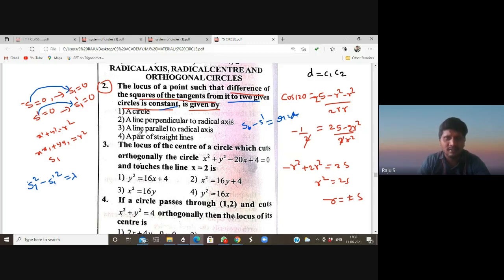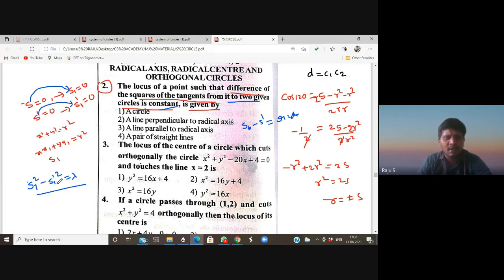Already we discussed that the difference from a point to two given circles being constant is the same condition we have taken. Also remember that the radical axis is a line equation. So even the difference of the squares of the tangents being constant also becomes a line.